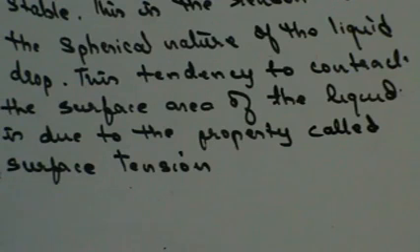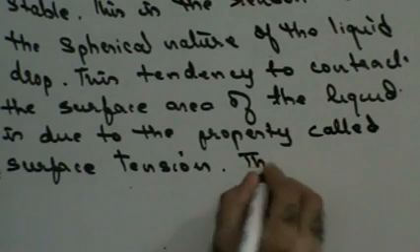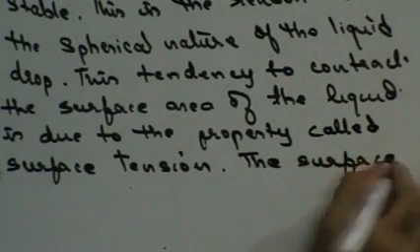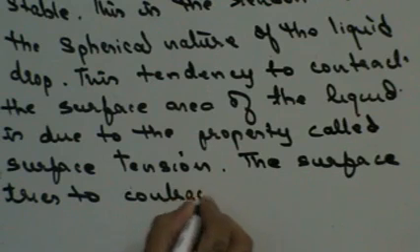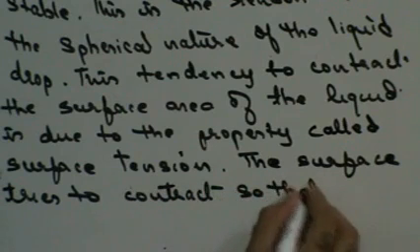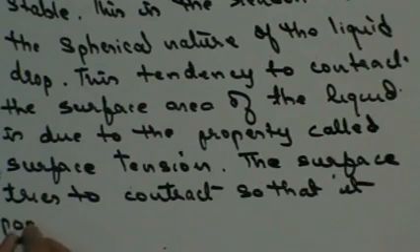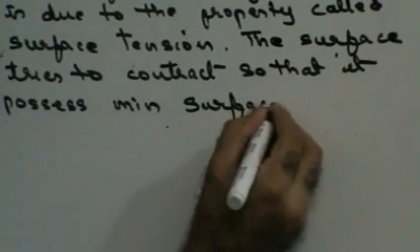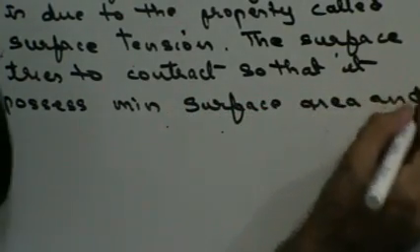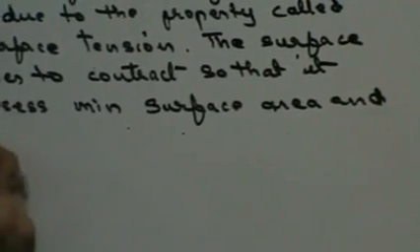Fine. So do we understand the concept of surface tension? Right? The surface tries to contract so that it possesses minimum surface area and becomes stable.